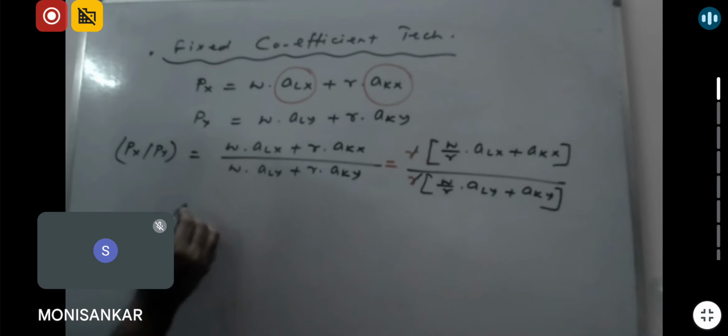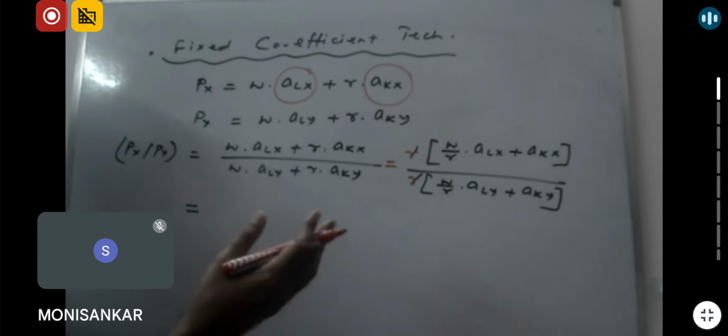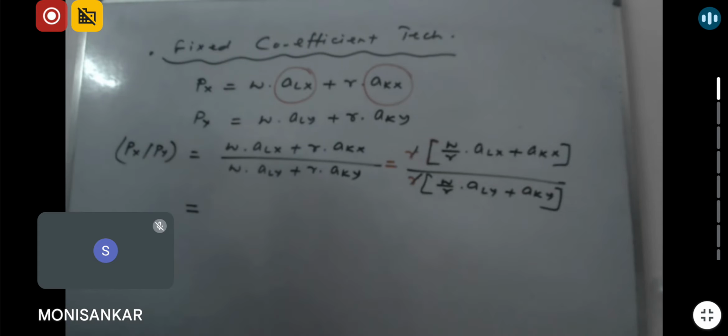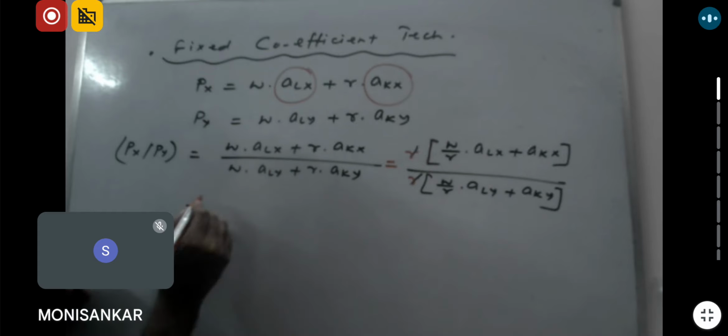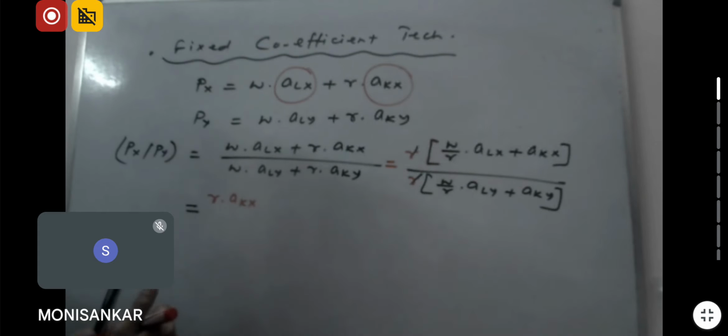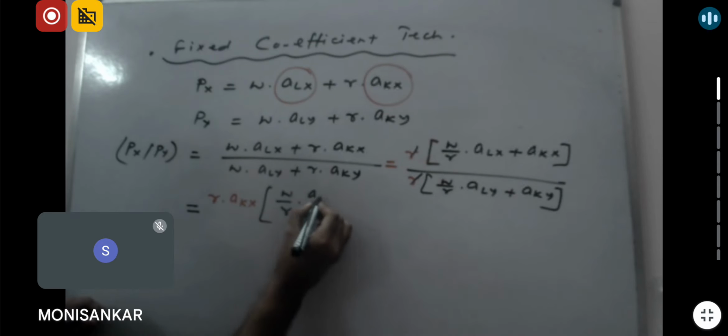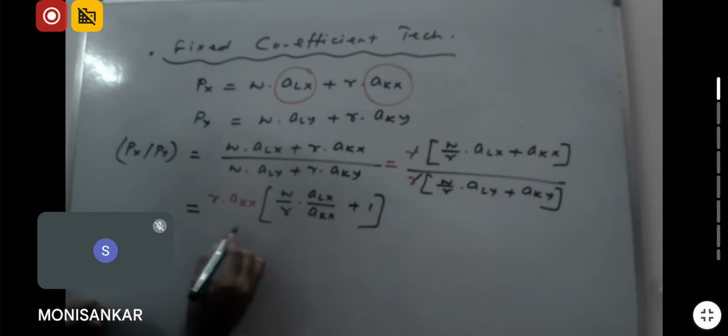Now further we take, or you can directly take r akx common, that's better. Okay, and directly, r akx common, it becomes w by r alx by akx plus 1. Better.